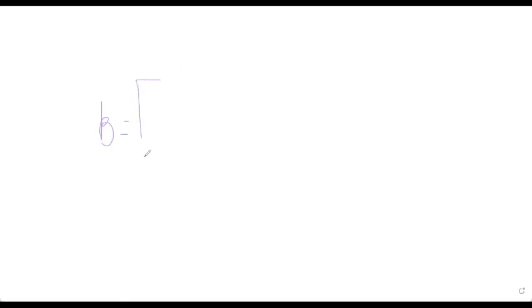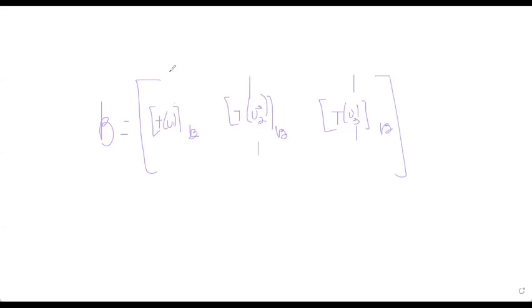We've got that B equals a matrix where the columns are the vector coordinate of T of V1, the vector coordinate of T of V2, and the vector coordinate of T of V3, right? And these are acting as our columns. So we have to figure out these three things: the vector coordinates of T of V1, T of V2, and T of V3.